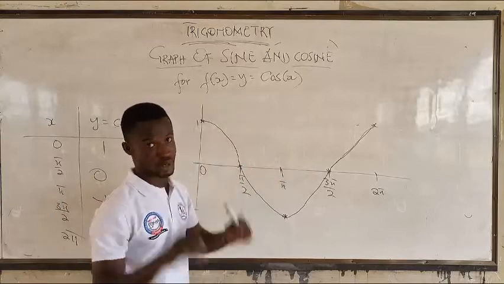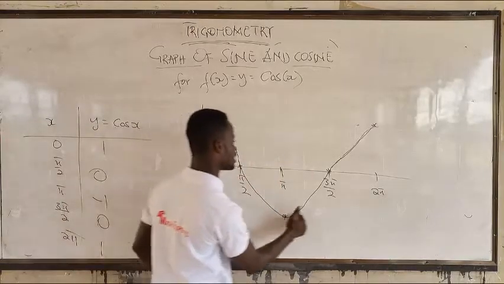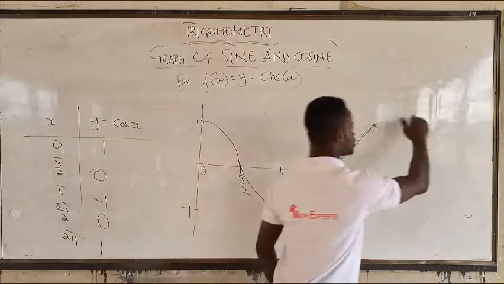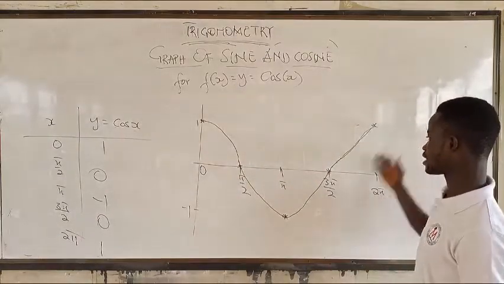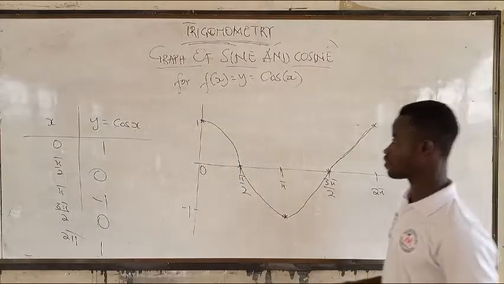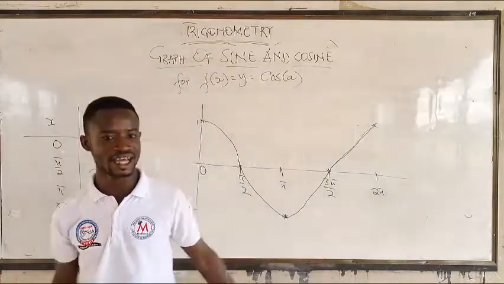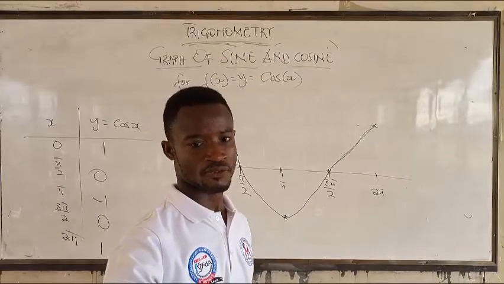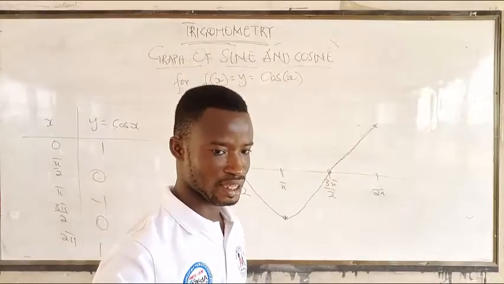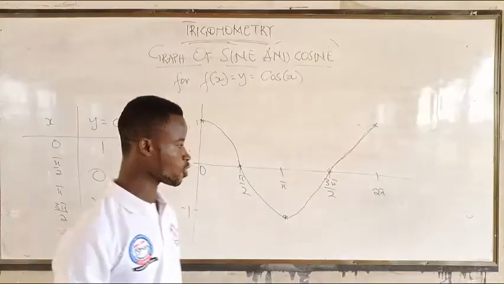If you consider it again, it will be 2 periods. So this is just 1 period. Alright, very good. So that is going to be the graph of cosine.